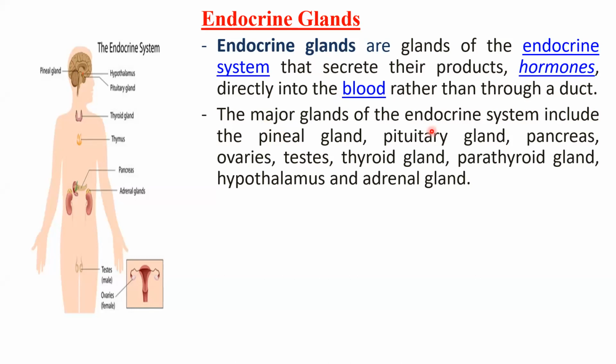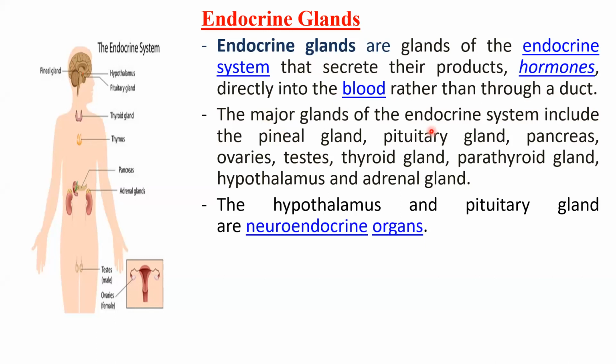Then the hypothalamus and pituitary glands are neuroendocrine organs. In the last few periods we have seen the nervous system, and how the brain is divided into three regions, that is forebrain, midbrain, and hindbrain, and the extension of the brain is in the form of the spinal cord. The brain has the important role of controlling all the systems of our body.